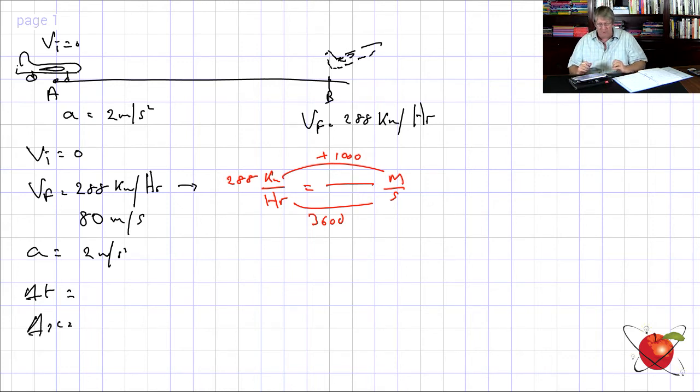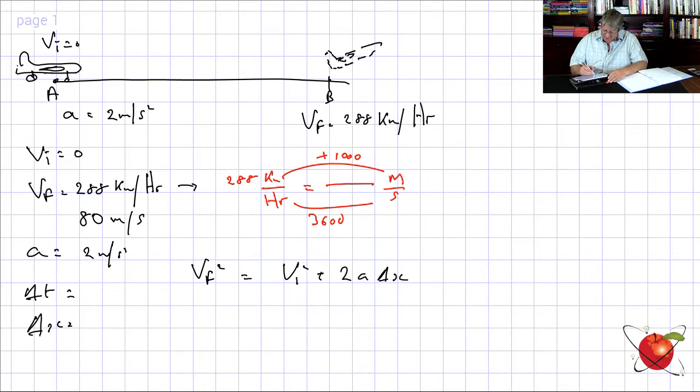So we look for a formula that's got the ones that we've got. In this case, we are going to have the formula V final squared is V initial squared plus 2a times delta x. Then we put in what we're given.